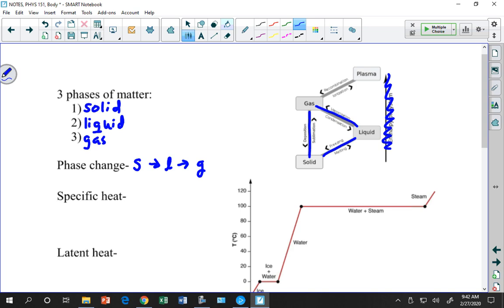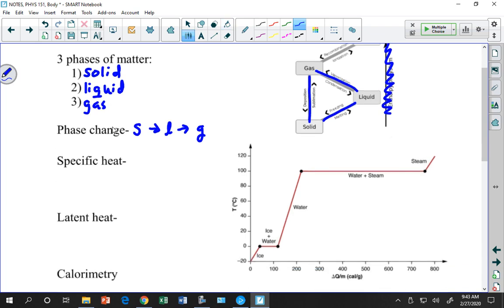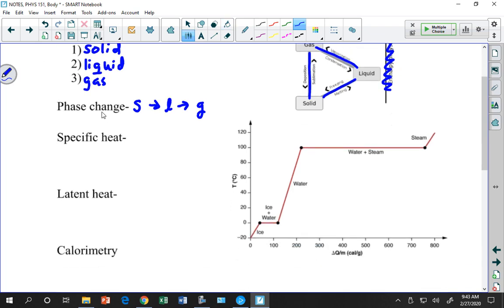That's less common, but depending on the temperature, you can. And if you ionize the gas, you can go into a plasma. Okay? Specific heat. This describes how much energy is required to change the temperature of an object.